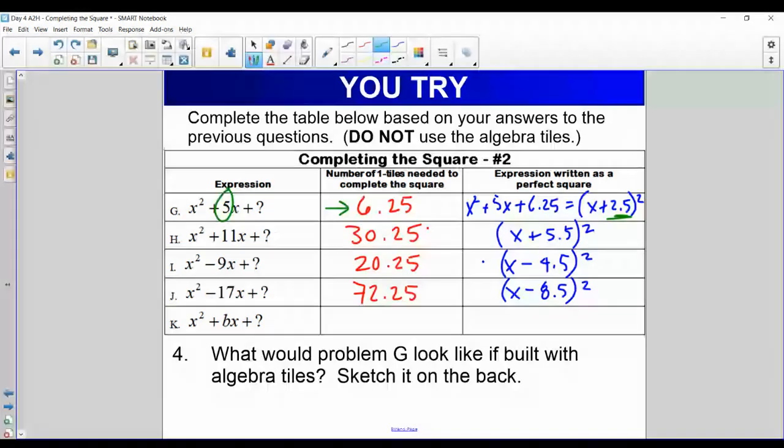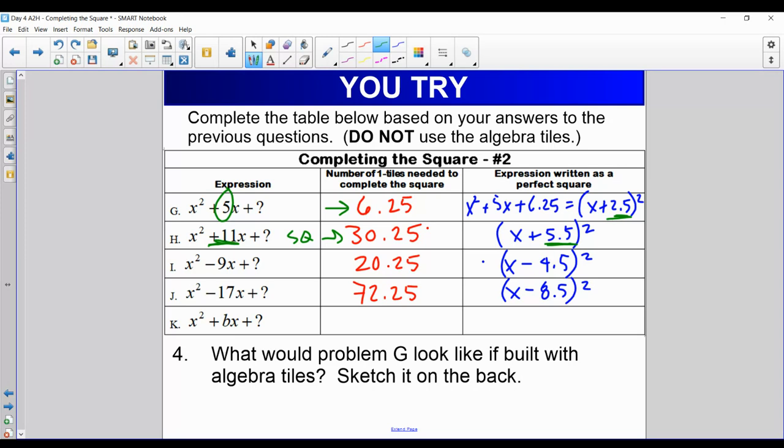Okay, again, let me say that one more time. You take this, take half of it, and square it to get that. The half is going to end up in that parenthesis.